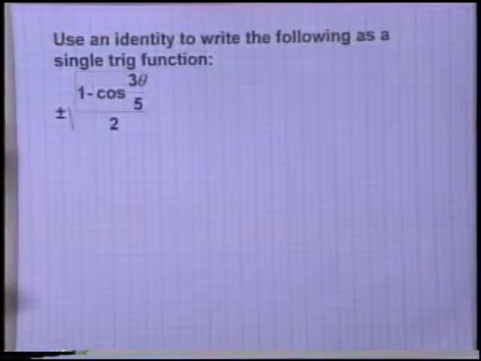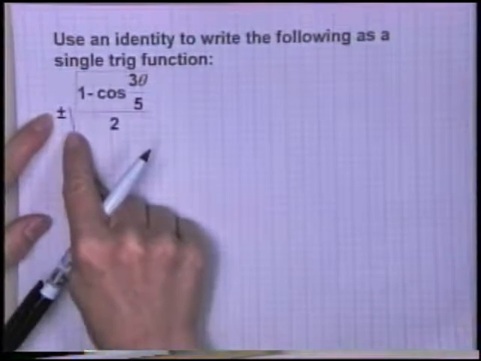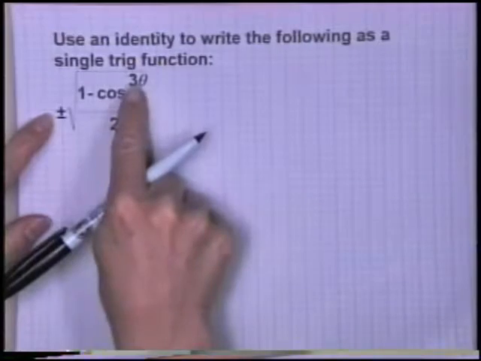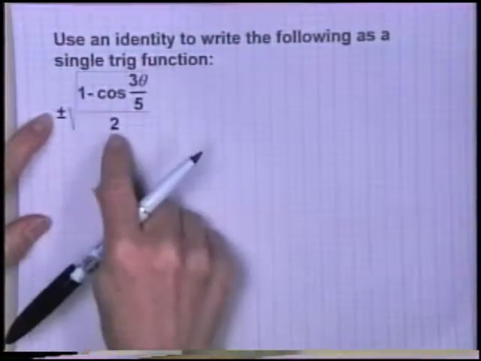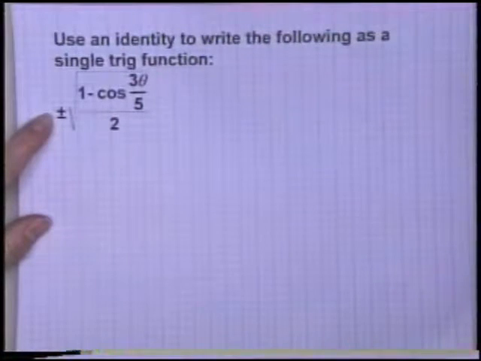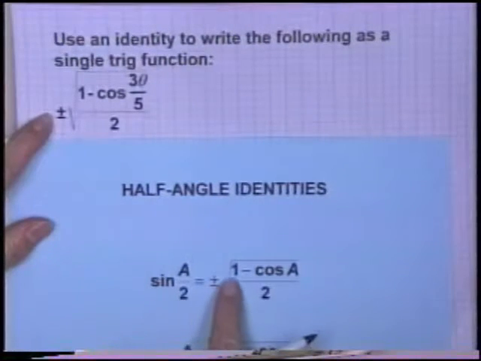Use an identity to write the following as a single trig function. We have plus or minus the square root of 1 minus cosine 3 theta over 5, all divided by 2. Now again, since perhaps these are new, let me slide this identity up here and let's look at it compared to this.